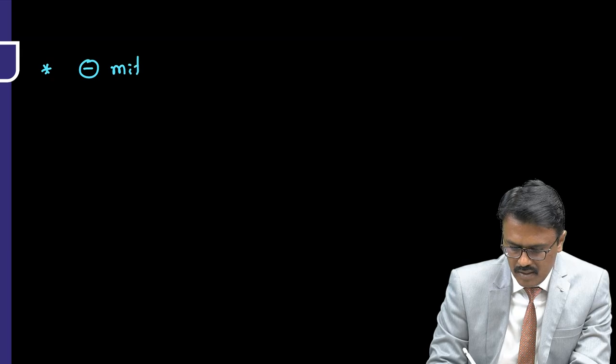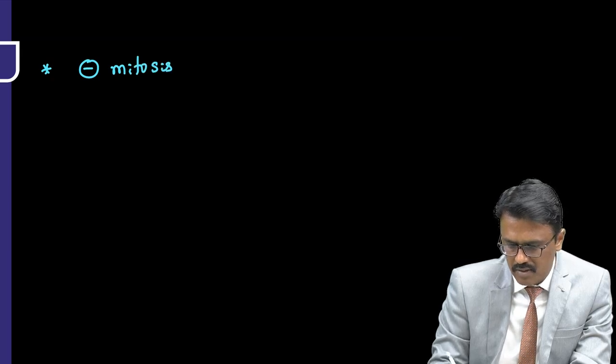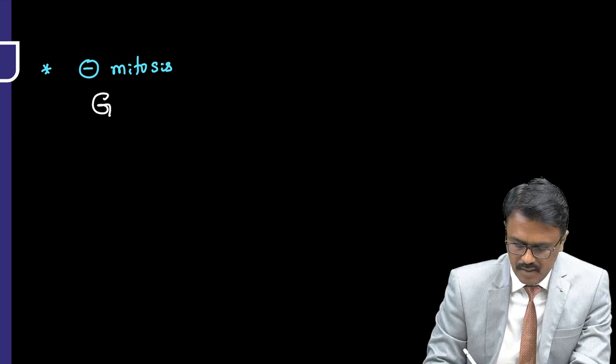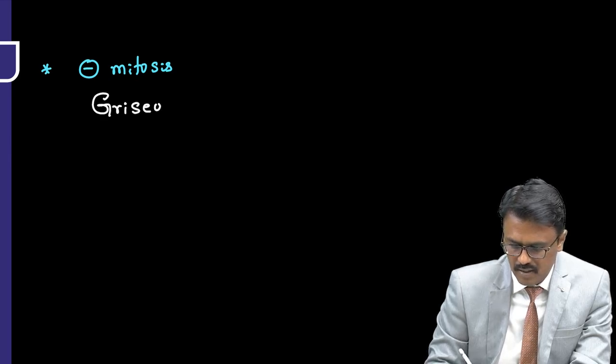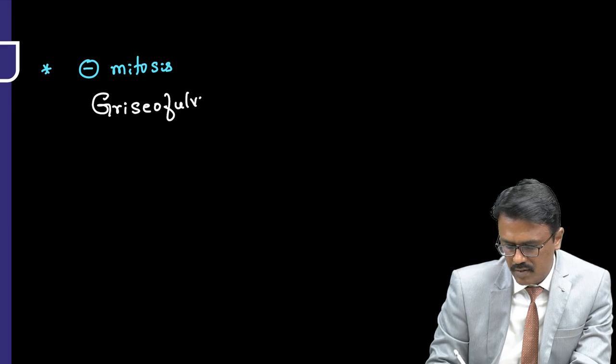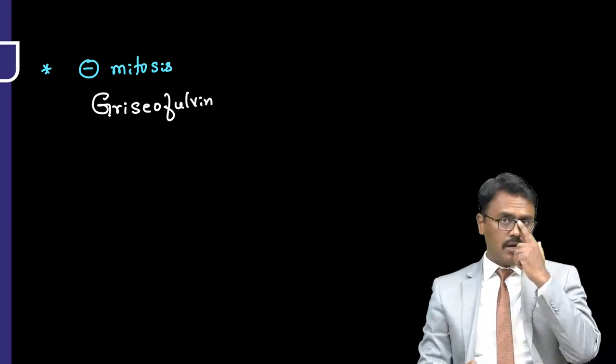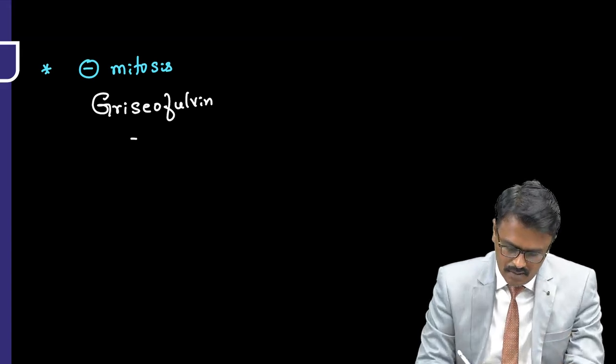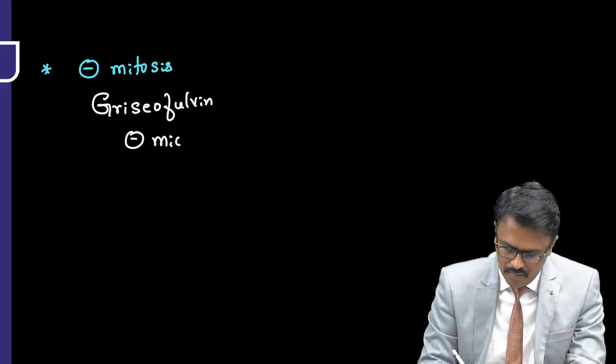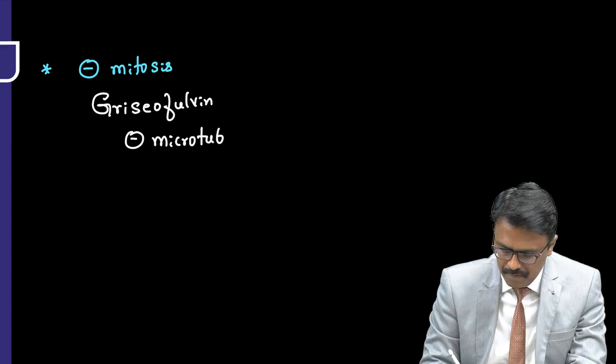Now the next target is the one which inhibits mitosis, and the drug is called griseofulvin. How does griseofulvin work? It inhibits microtubule polymerization.